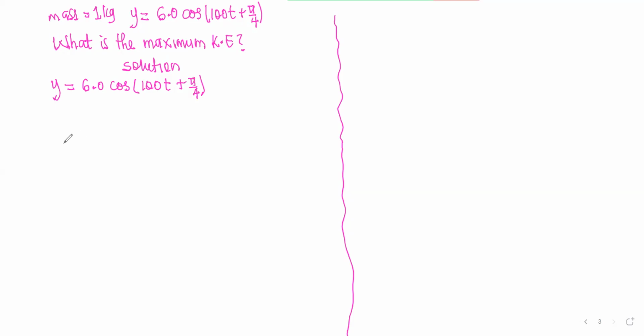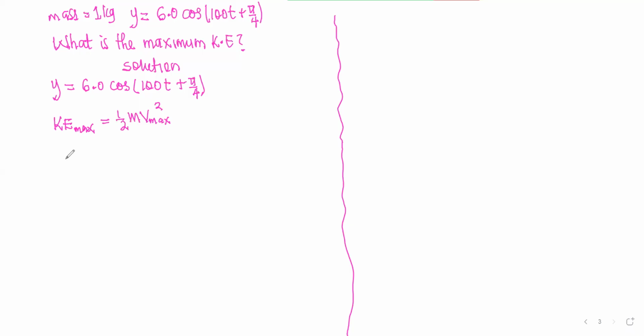Now, the kinetic energy, or KE maximum, will be equal to half m times the square of the maximum velocity. So all that we need here is the maximum velocity.